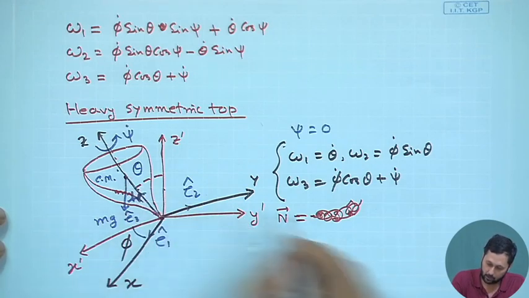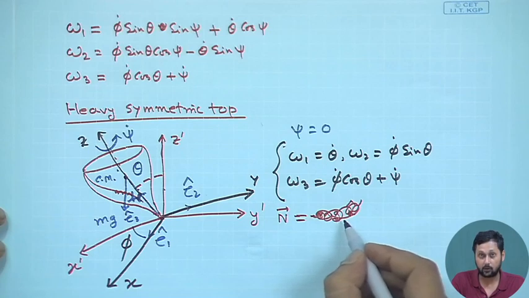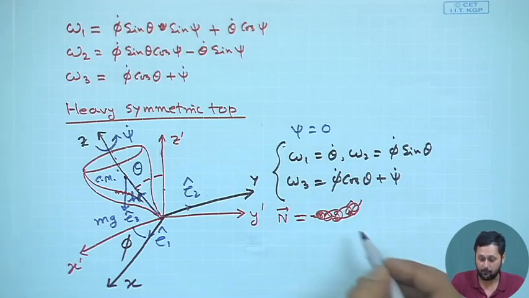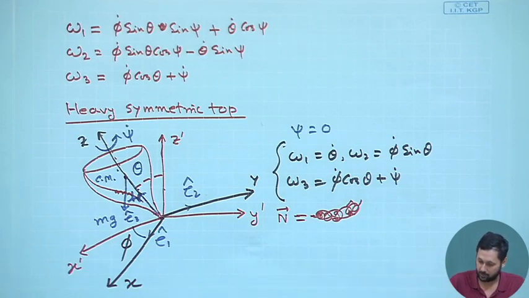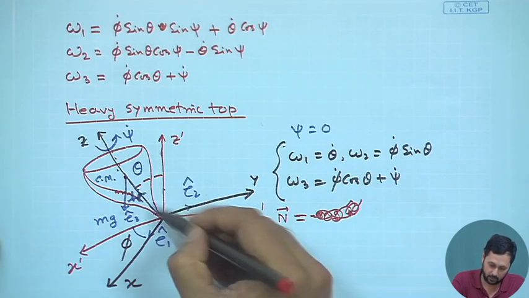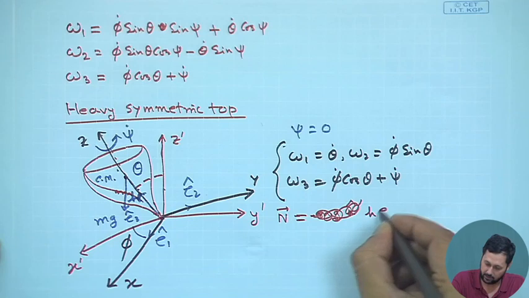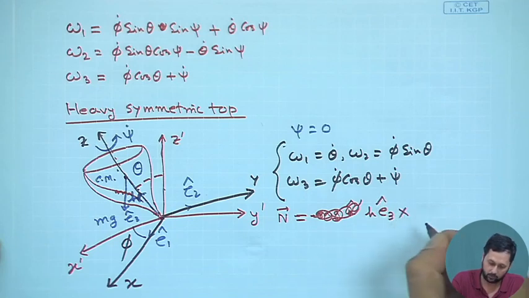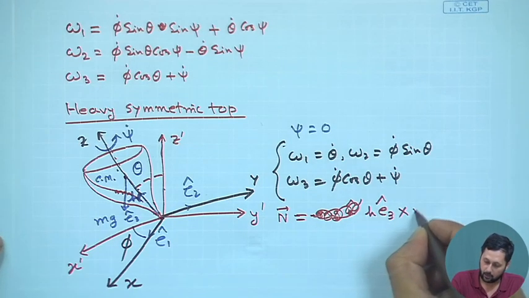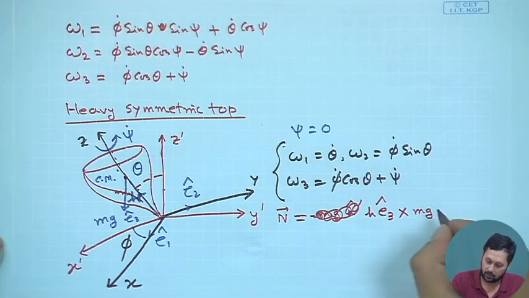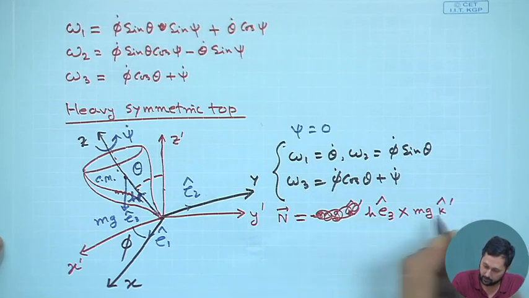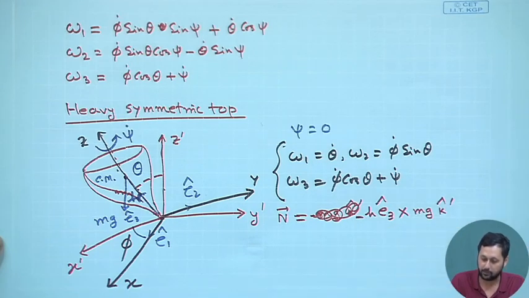So, your r cross f, with f equal to mg minus k capped, which we just wrote, and r equal to h E3 cap. So, we have h E3 cap cross mg k capped, k dashed cap, with a minus sign. So, the minus will come here.